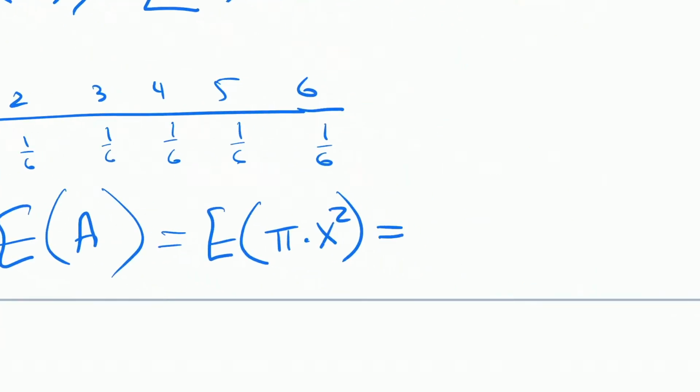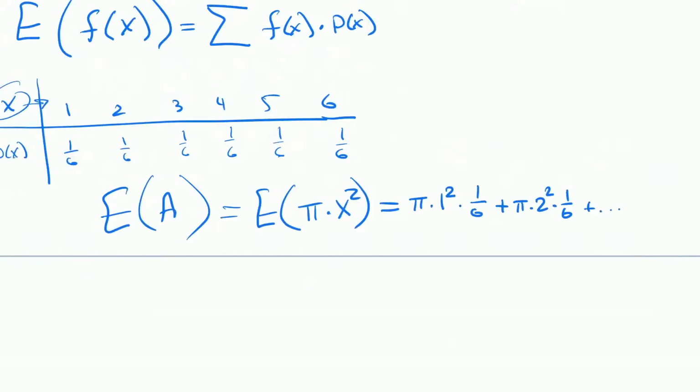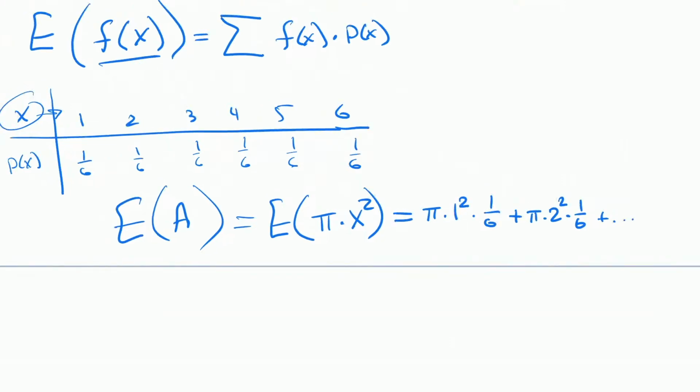And then to do that, I just add up each of these, so it's going to be pi times 1 squared times 1/6, plus pi times 2 squared times 1/6, and so on and so forth. So you could do this yourselves. I'm not going to compute this fully because I don't really care what that is, but I need to mention that because we're going to be computing the variance. And to get the variance, we need to understand that idea, that you can take a function of a random variable. Okay, so now the variance.